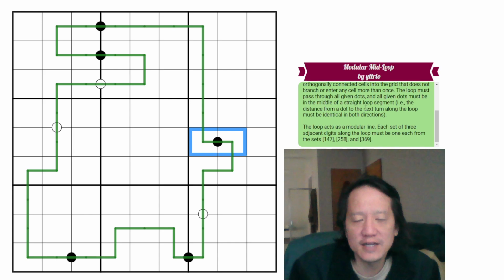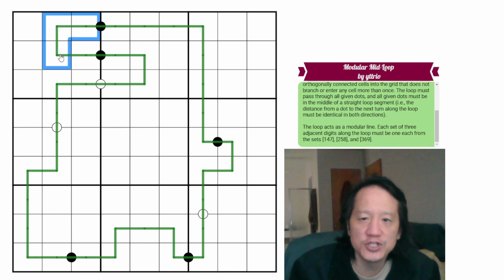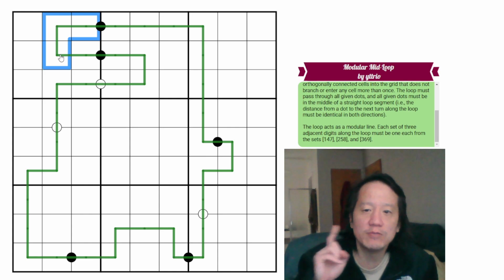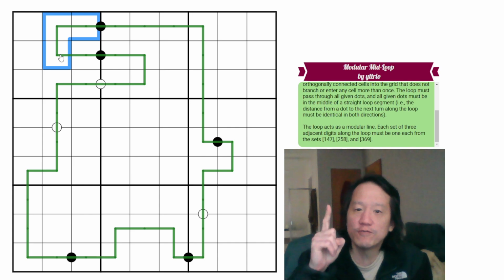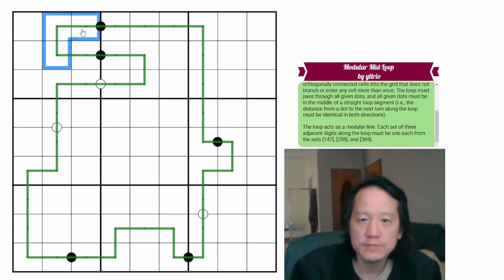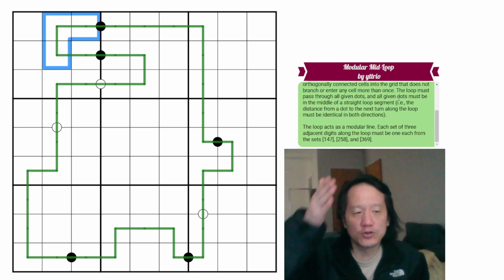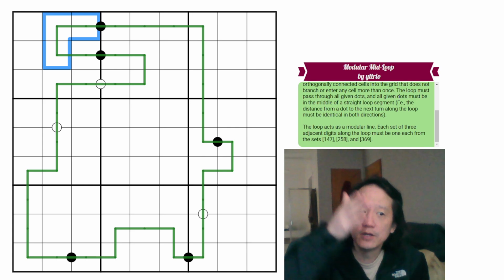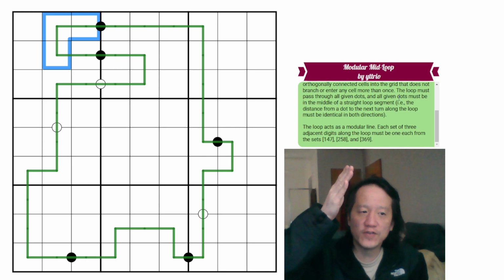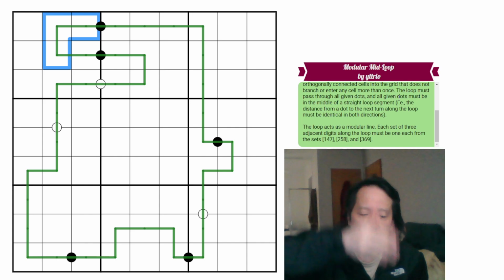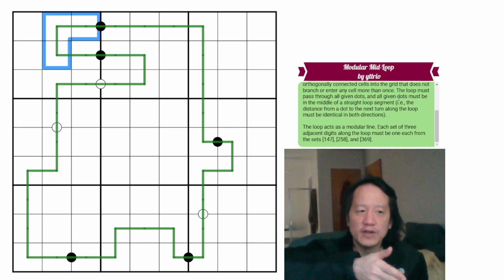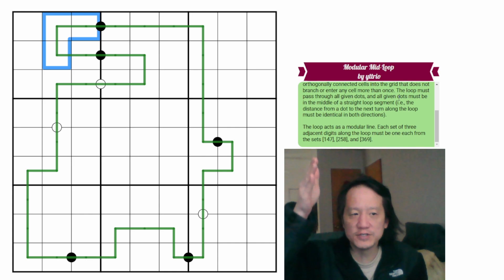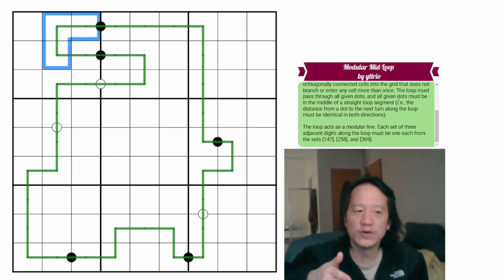And the loop acts as a modular line, which is each set of 3 adjacent digits along the loop must be 1 each from the sets 147, 258, or 369. If you have a keypad with a numeric keyboard, you can see that if you divide it by columns, you'll have 147 in one column, 258 in the next column, and 369 in the last column.